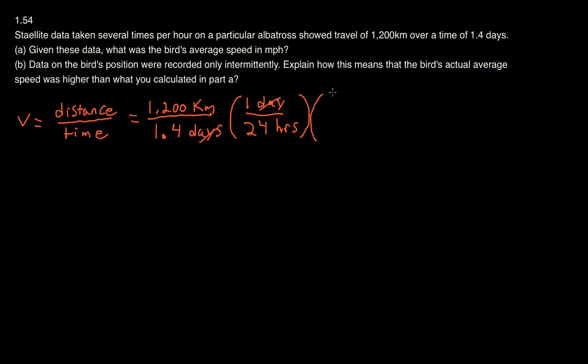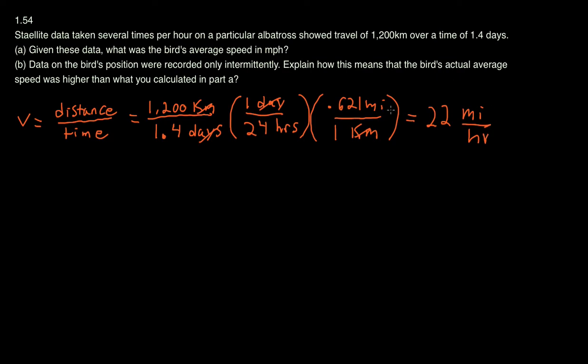And then we also know that there are 0.621 miles in 1 kilometer. So now the kilometers cancel out, and we're left with miles over hours. And so when you do this all out, you're left with 22 miles per hour.